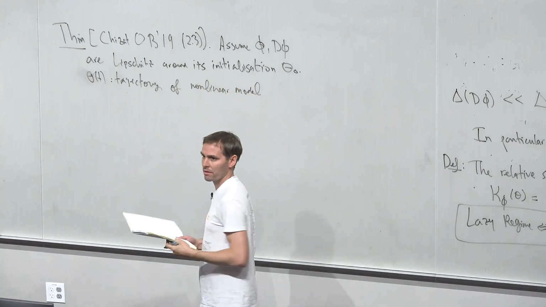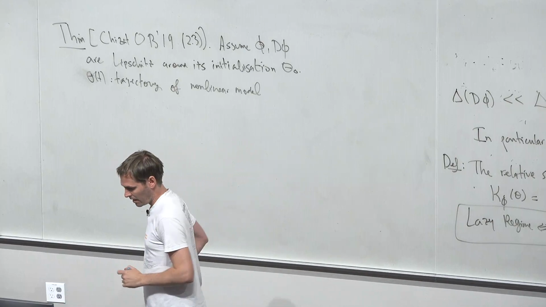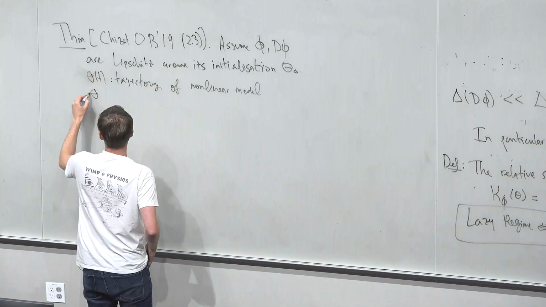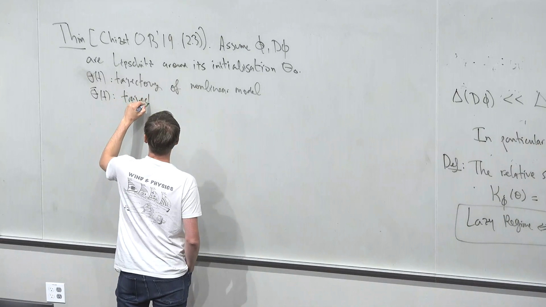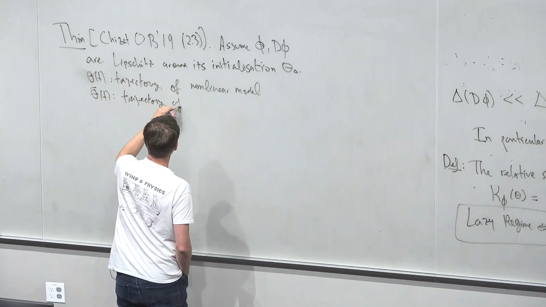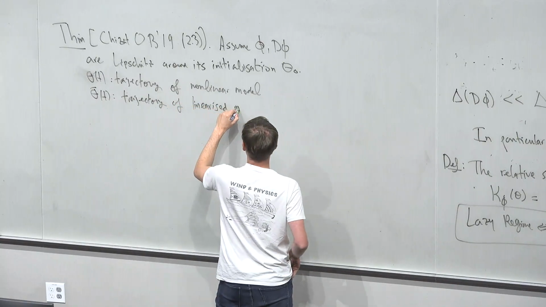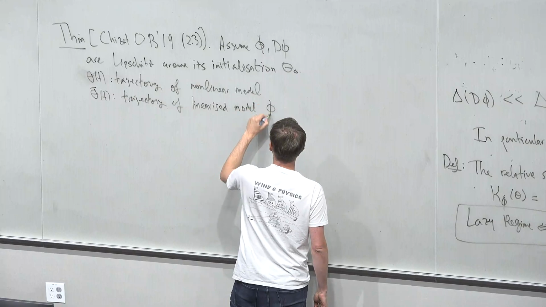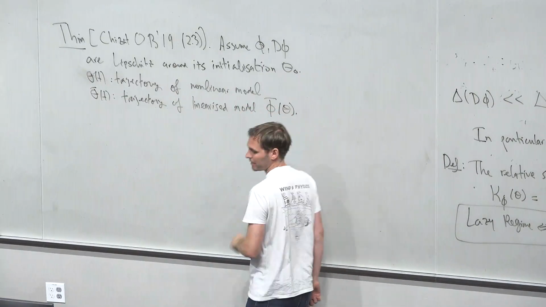This is just gradient flow on the true model. And theta bar of t is the trajectory of the linearized model that we call phi bar. If you remember, that was the linearization of the model around initialization.